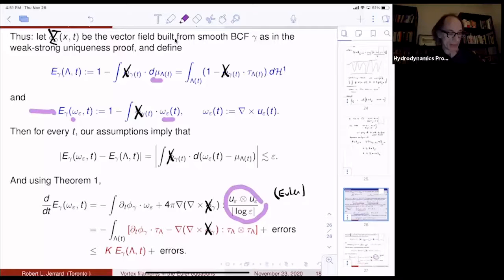Sometimes I have identity minus tau tensor tau here, I have tau tensor tau, but the projections onto the normal and the tangent are the same up to a sign because this gradient of the curl is trace free. Anyway, so this is theorem 1.